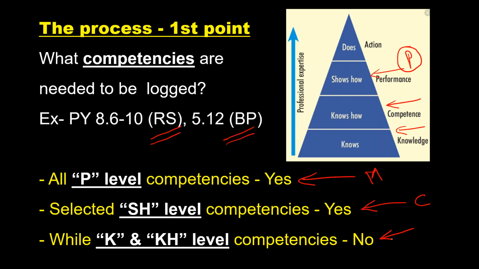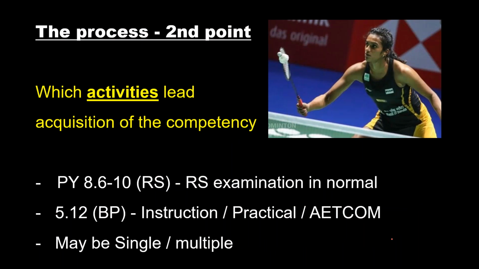We are moving to point number two in the process, and that is activities. Every competency now needs activities, like we make an objective. Suppose we have the competency of blood pressure and pulse, then we will give some activity to complete that competency.